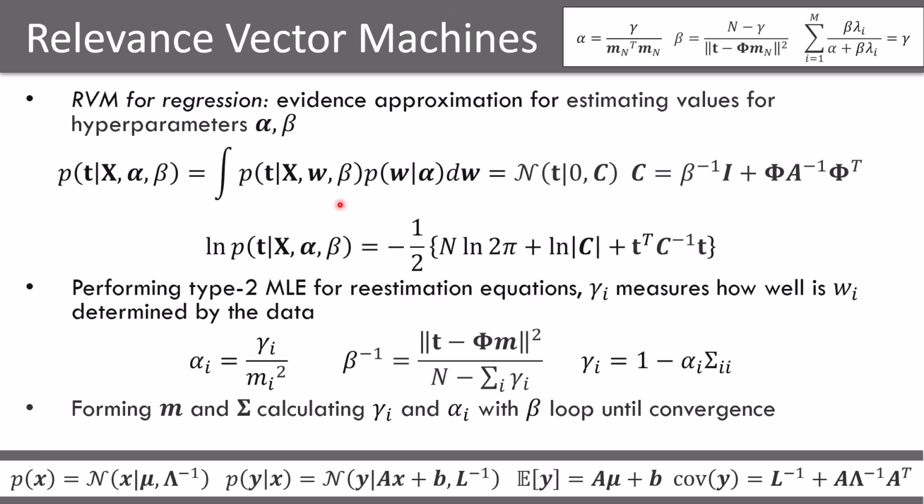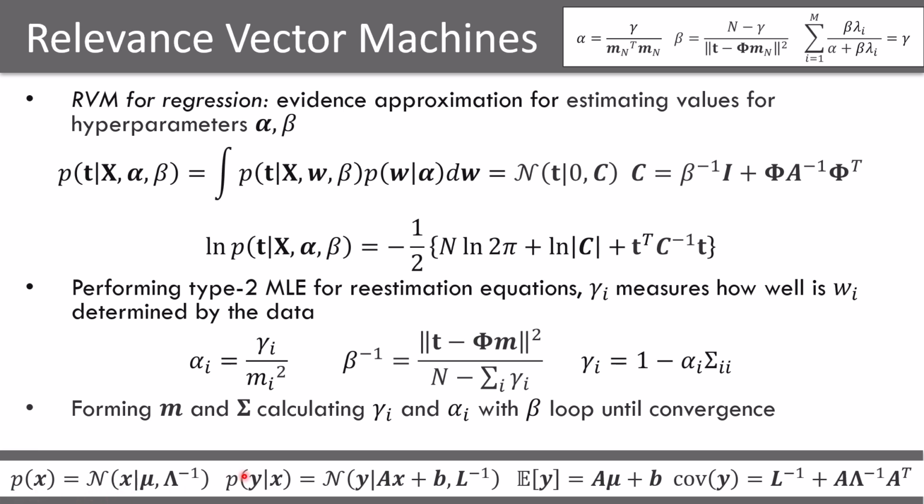It is the convolution of the two distributions, where one determines the weights given a certain hyperparameter, and then the weights are the conditional random variable in the next probability distribution. We were dealing with that before, where we have the probability of x and the probability of y given x.